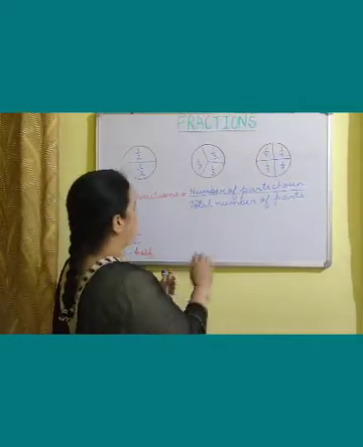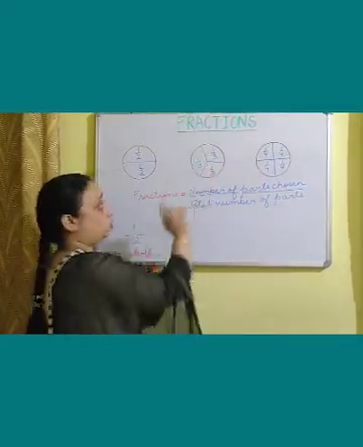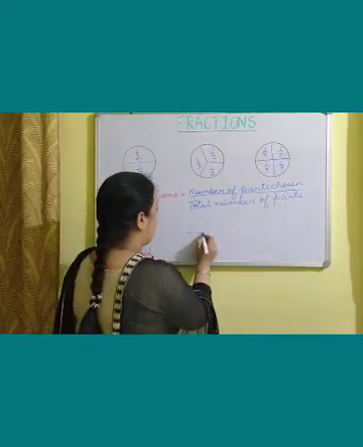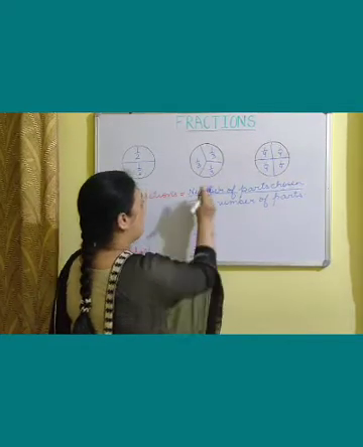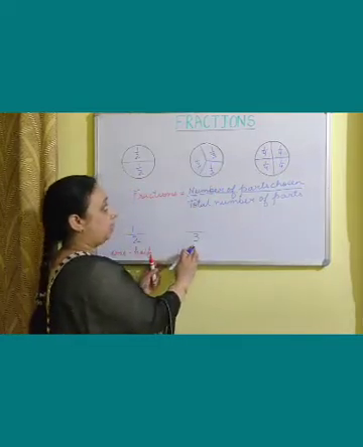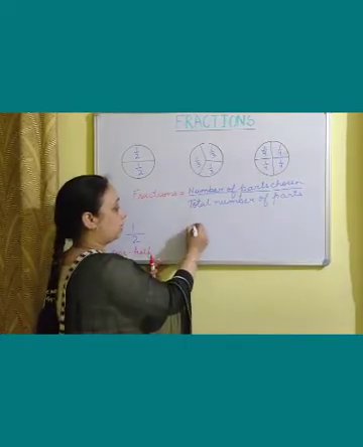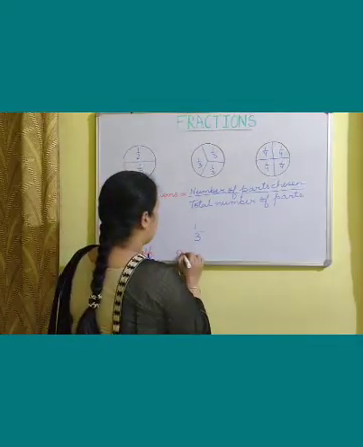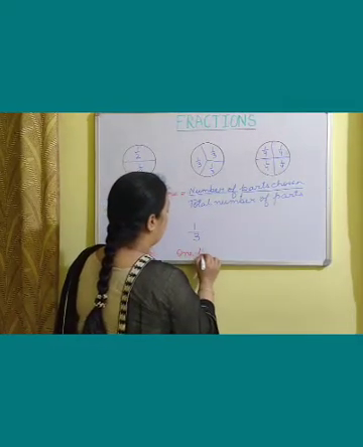Now, if we divide this into 3 equal parts, we'll draw a line and write the total number of parts, that is 3 here, and we have chosen one part, so we will write 1 here. And this is also read as one third, 1/3.